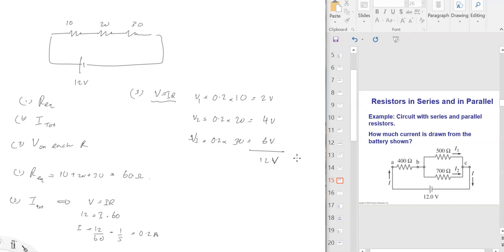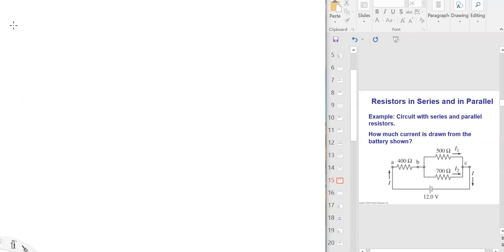Okay, let's try a parallel example. Let's take the same 3 resistors: 10, 20, 30 connected to 12 volts. You know the rule, work it first, pause the video, and then look at the video.